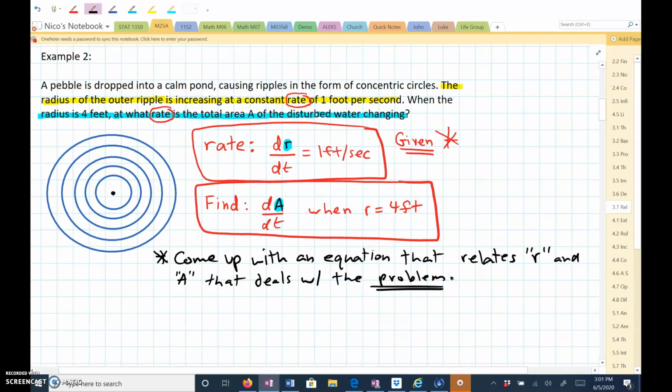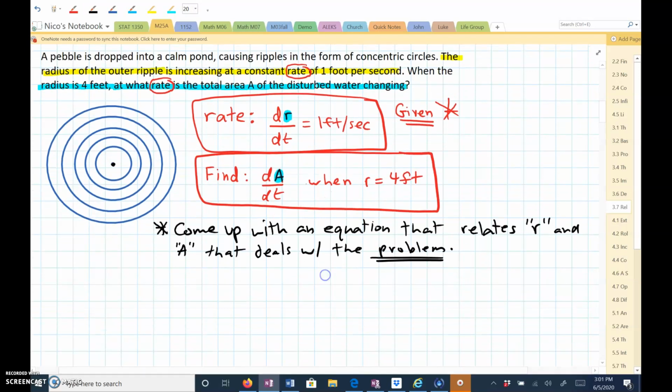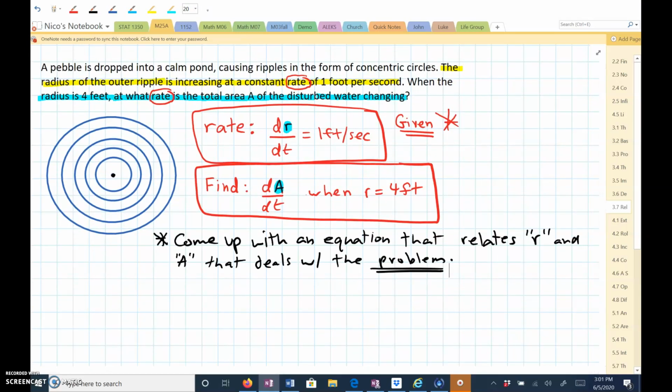So that's what I need to do now. Okay? So if you notice here, we know that the area of a circle is equal to pi r squared. And what they're trying to find here is how much of the area of this circle is changing.